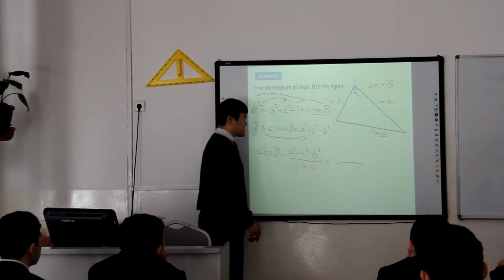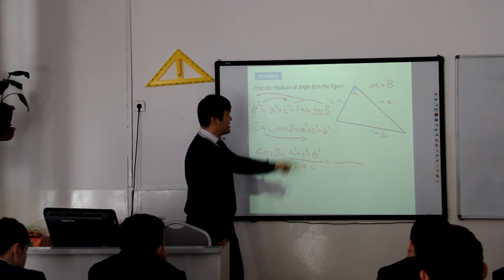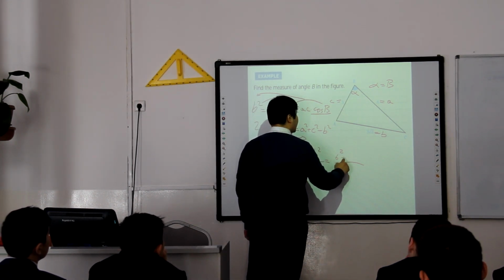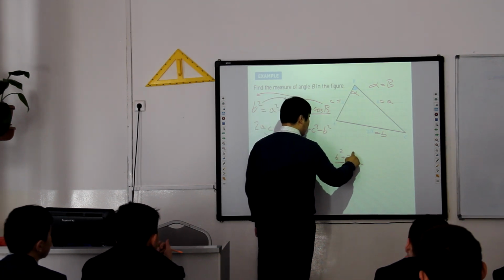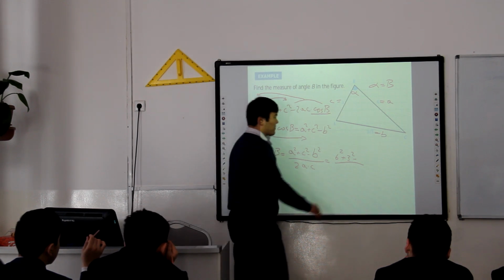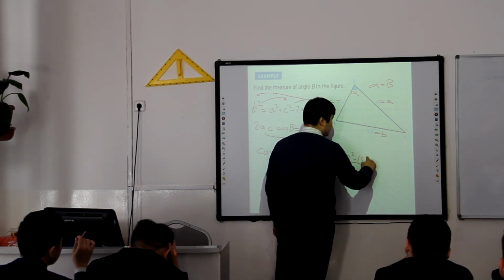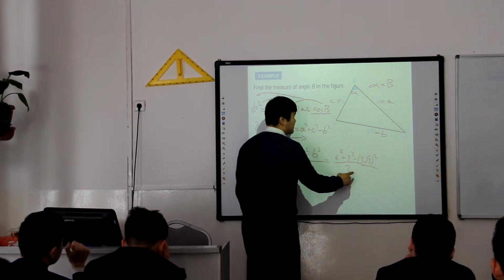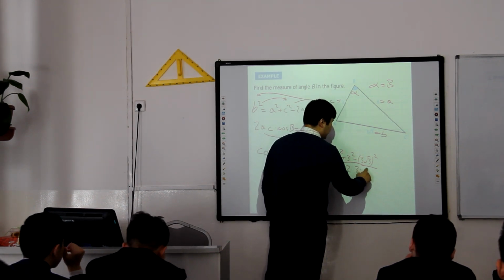Now I can replace it with numbers. A is 3, C is 6, and B is 3 root 3. So 6 squared plus 3 squared minus 3 root 3 squared, over 2 times 3 times 6.